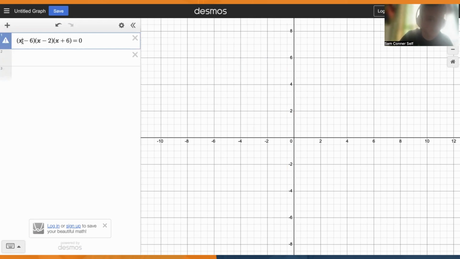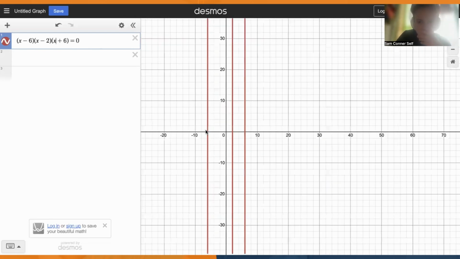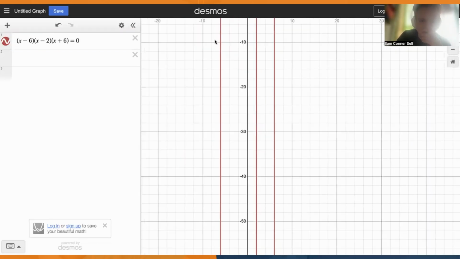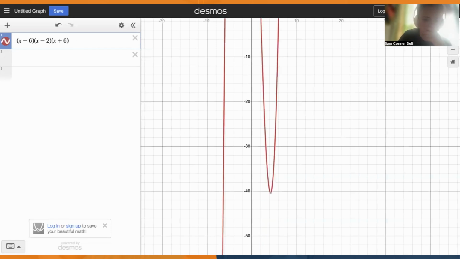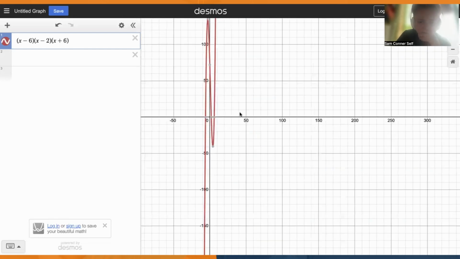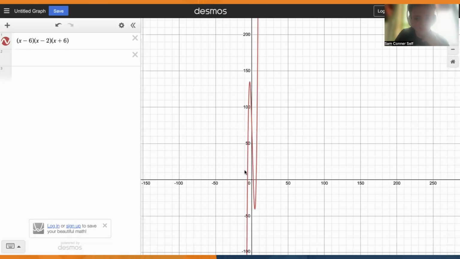An error message. Yes, it doesn't like these fancy X's. So this is the function that we are going to get.